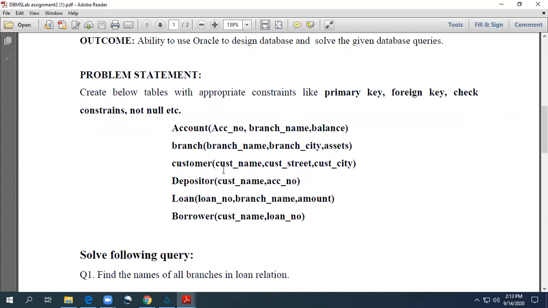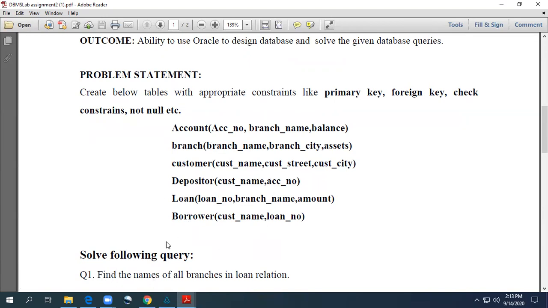My customer table is a parent table, the branch table is a parent table, and the account, depositor, loan, and borrower are the child tables, right? Before solving any query, you need to identify which table will provide you the information that you want in the query.